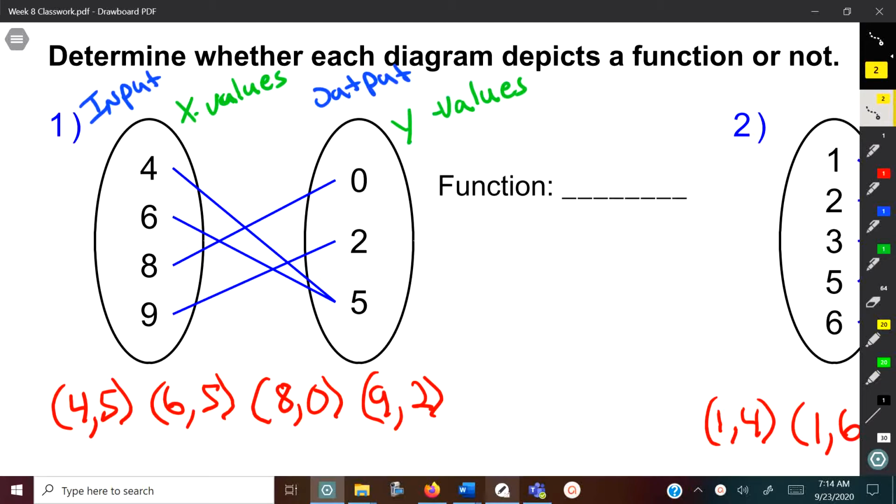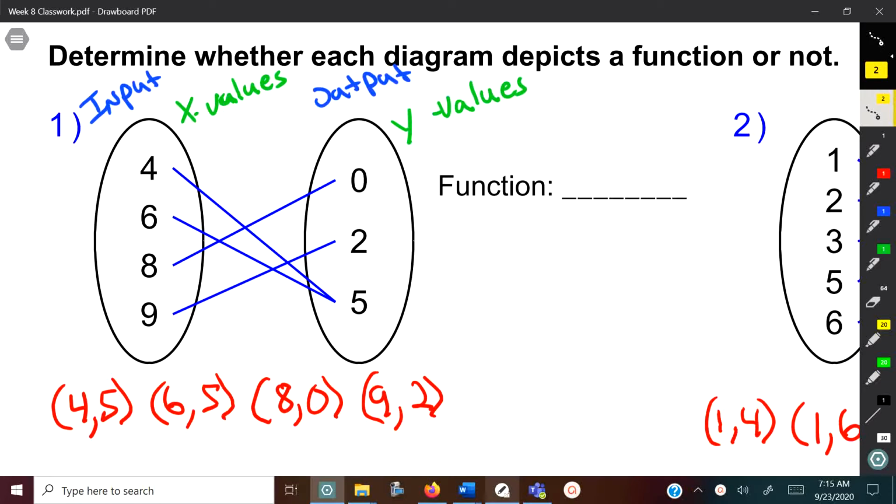All you have to do is draw a line to what it connects to. For example, 4 goes to 5. If we put this as an ordered pair, it'll be (4, 5). 6 goes to 5, 8 goes to 0, 9 goes to 2, and you have those ordered pairs just like that. So it's just a different way of representing it.